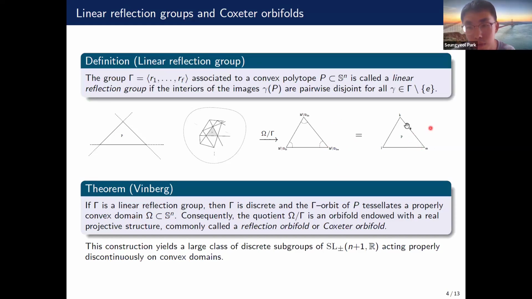So I briefly record that data in this way by writing the integer here. A polytope together with the integers on the codimension-2 faces is a Coxeter orbifold, and that Coxeter orbifold now has a convex real projective structure, which comes from the convex real projective structure on this omega.